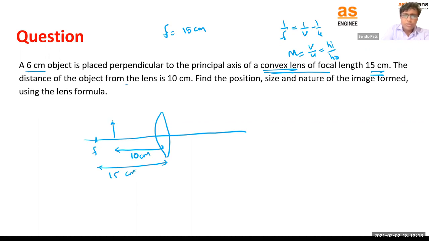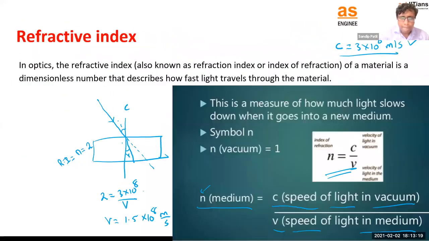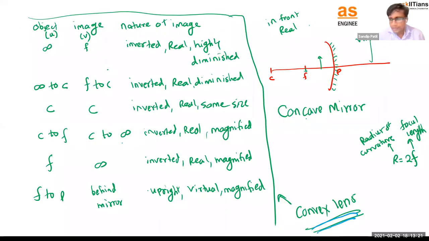Once you know that the object is between the focus point and the pole, let's go back and find out the table. From focus to pole, where should the image be? Image should be upright, virtual, magnified. Virtual means, for lens, I told you the virtual side is this one, so you will get the image somewhere here.